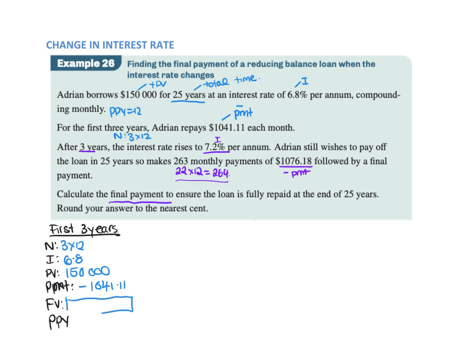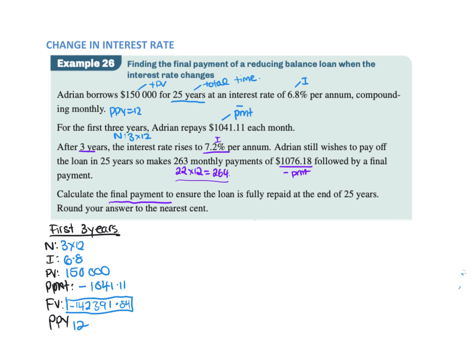I'm going to find out what his final value is at this time. I'm going to pause. So we've done that, and we get a negative 142,391.84. So he still owes that, and that's normal. That's like a loan, so he still owes that.